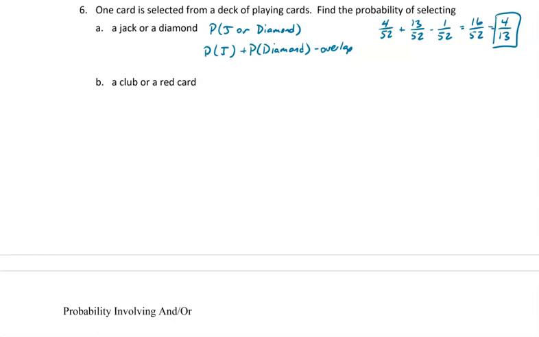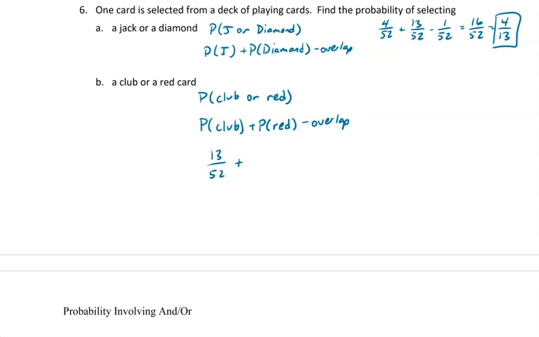Next up, a club or a red card. So probability of a club or red. It's going to be the probability of a club plus the probability that it's red minus any overlap. Probability that it's going to be a club is 13 out of 52.